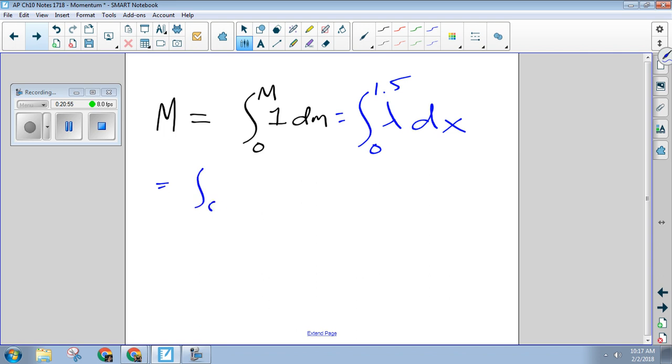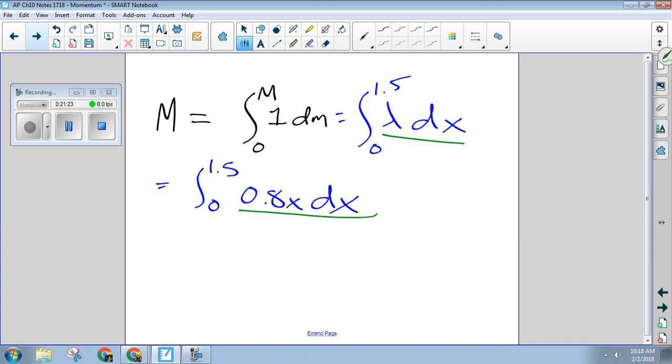So now we've got the integral from 0 to 1.5 of 0.8x dx. And again, to be clear, you're integrating this whole thing. Follow?